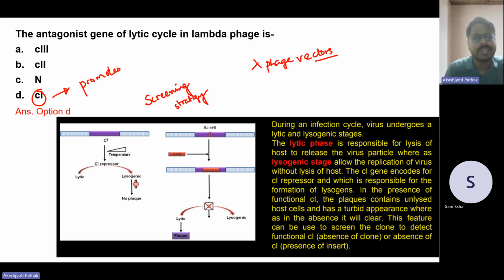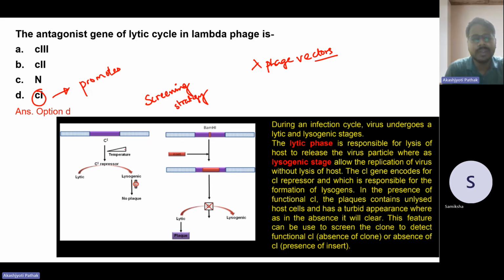In the lysogenic cycle you will not get any plaques, because the viral cells are not lysing the bacterial cells. So you will not observe viral plaques if the bacteria are following the lysogenic cycle.